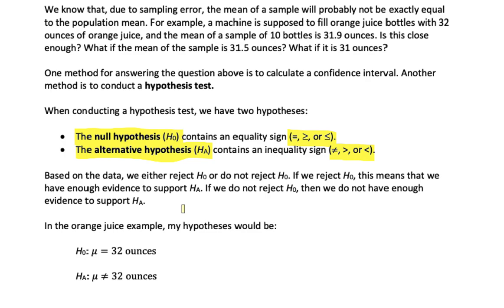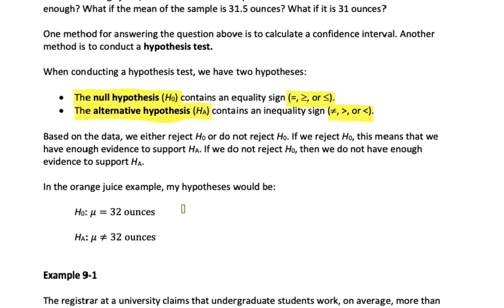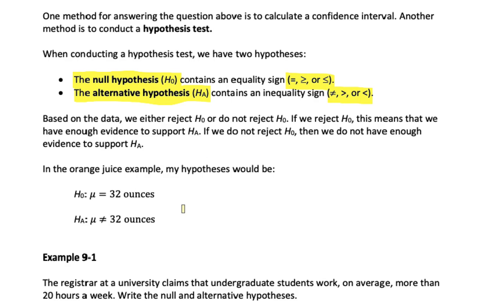So we're going to talk about how we do the test in later videos. But what we're going to do is some calculations, and then we need to decide whether to reject the null hypothesis or not reject the null hypothesis based on our results. So if we reject the null hypothesis, this means that we have enough evidence to support the alternative hypothesis.